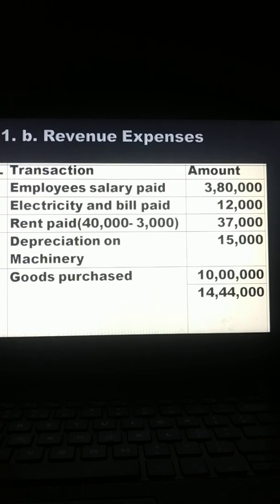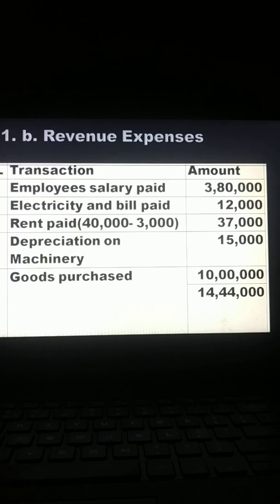Then rent paid. Look here. Rent paid 40,000 in your question, but 3,000 I have subtracted. Why? Because 3,000 is for the previous year. So previous year's expenses will not be treated as expenses of the current year. So that's why it is 37,000. That means rent totally paid 40,000, but 40,000 is not my expense.